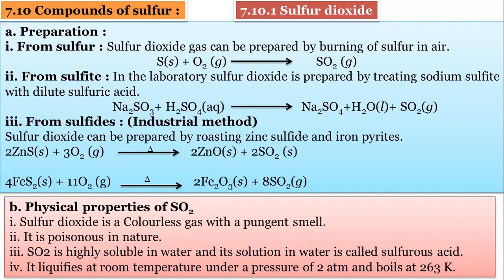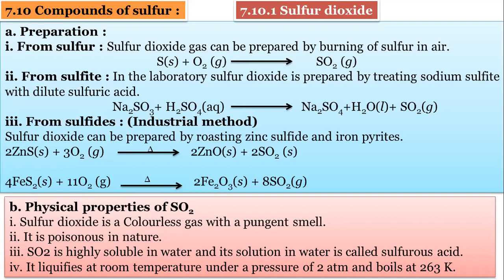Page number 148 is deleted, page 149 is deleted, page 150 is deleted, page 151 is deleted. Directly come to the compounds of sulfur, that is page number 152. So the deleted part is not taken in these notes. Remember, the deleted part is also deleted from this PPT.